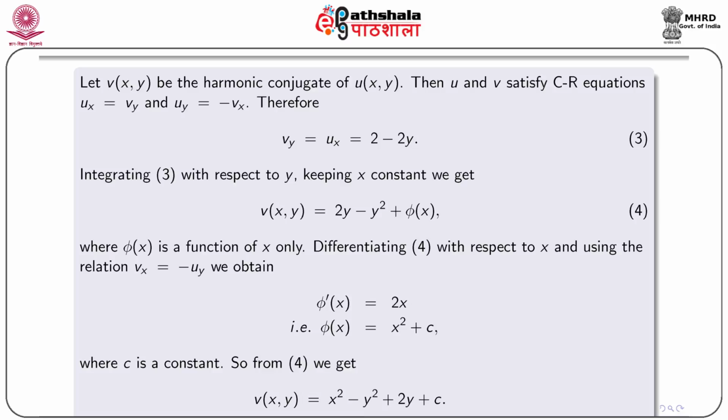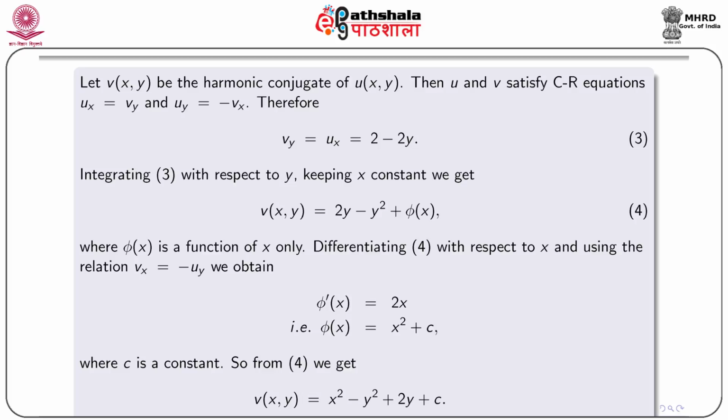Integrating this equation with respect to y, keeping x as constant, we obtain v of xy equal to twice y minus y square plus phi of x, where phi of x is a function of x only.